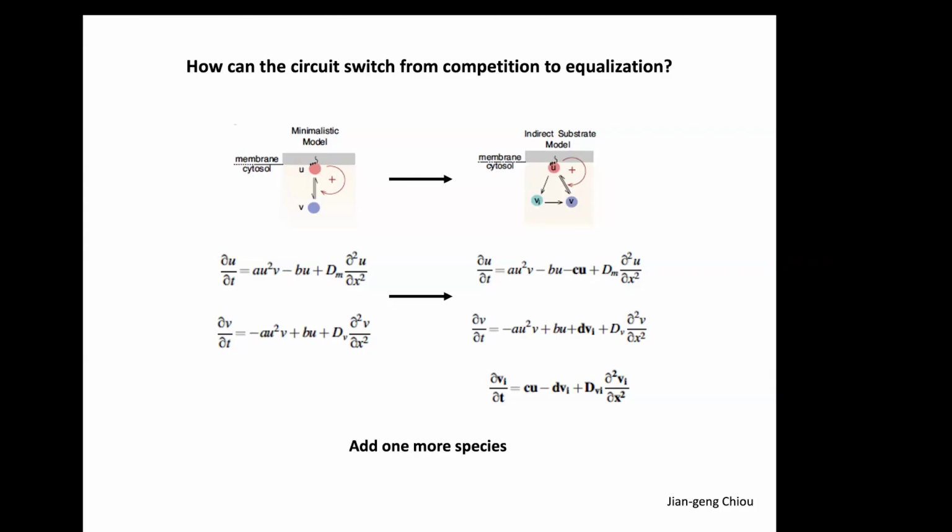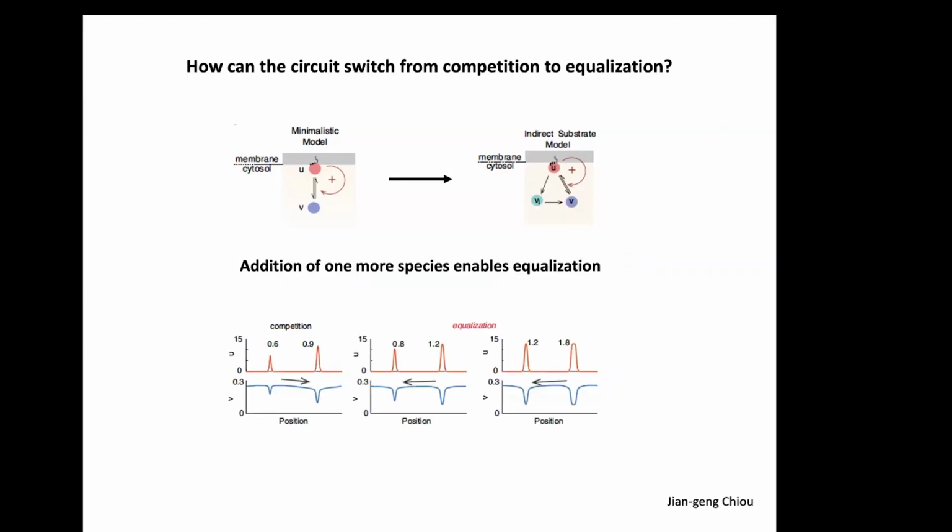For V, you have the same as before, plus another linear term coming from the indirect substrate. And the indirect substrate basically gets made by coming off of U, consumed by turning into V, and also diffuses at some rate. And if you do that, this three-part model can give you equalization.